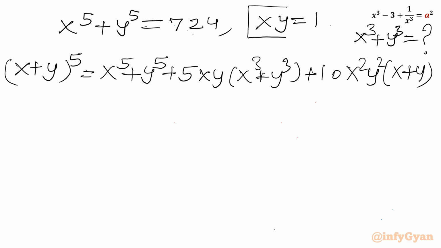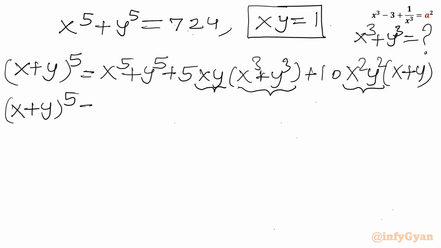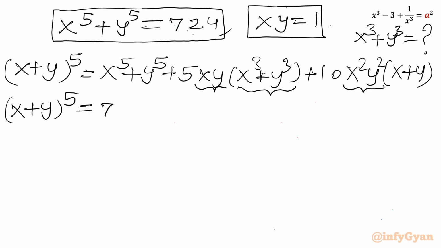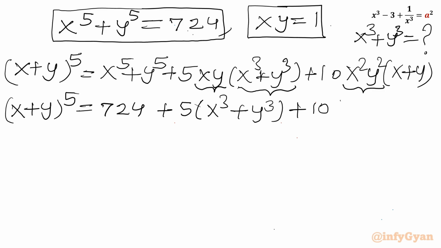Now xy is 1. So here it will be 1. Here it will be 1. Now x³ + y³. Let us write (x + y)^5 = x^5 + y^5, which is 724, plus 5 times (x³ + y³), plus 10 times (x + y). Now x³ + y³ is required.